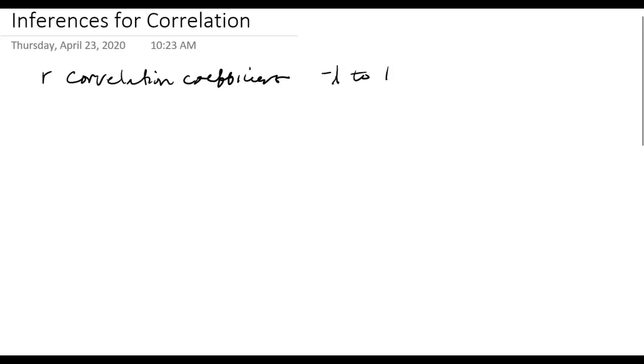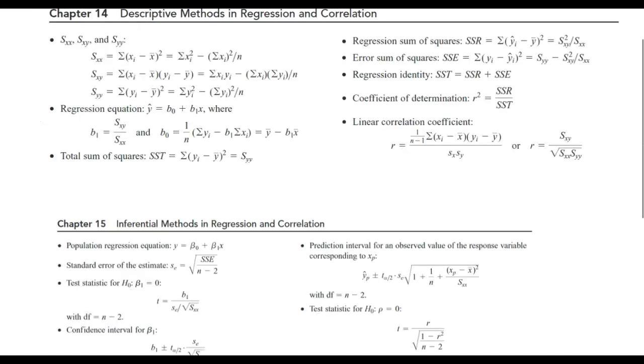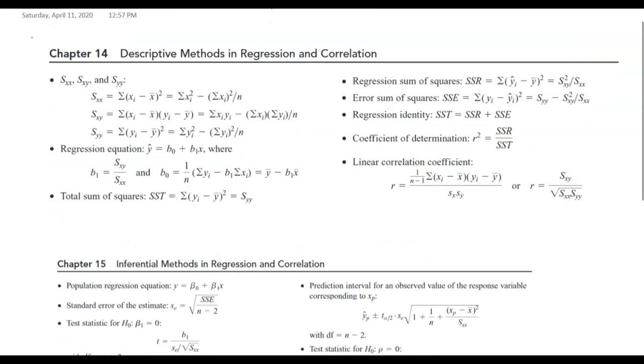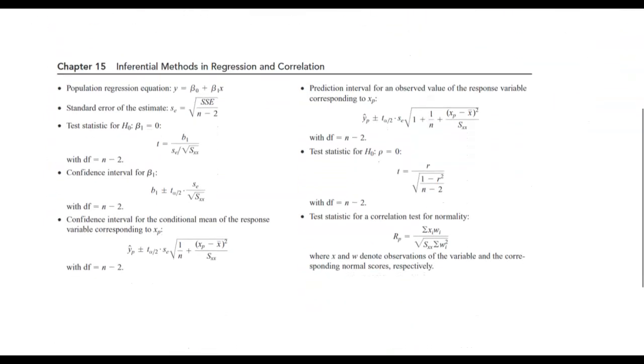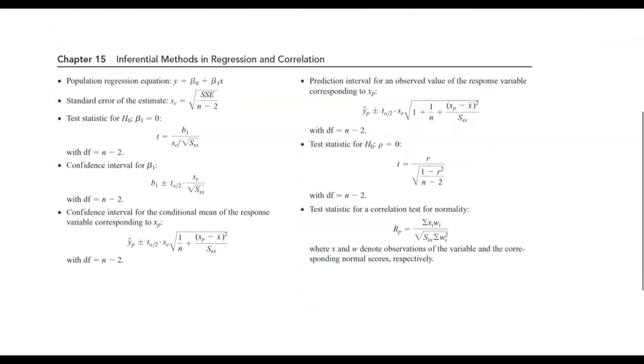But when we talk about correlation of a population, we have to introduce a new variable called rho. That is not a p. That is the Greek letter rho. It kind of looks like a fancy p. You can look at your formula sheet and you will see it right there.